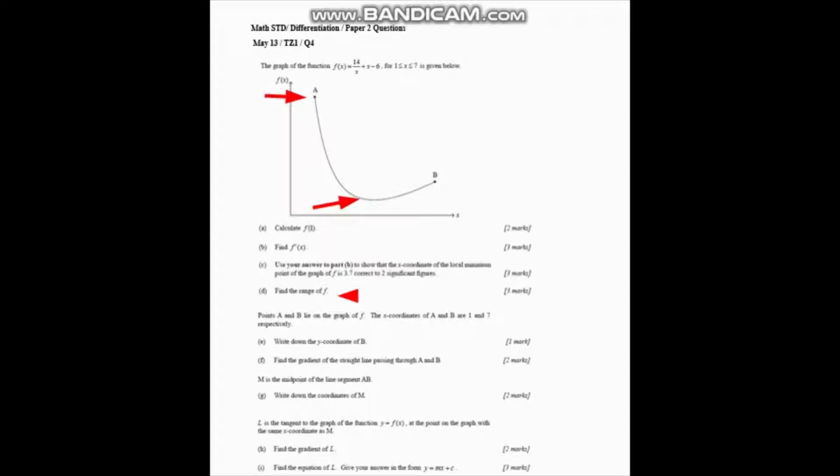So since this is the first point, this is the point where x equals 1. So I need to get the y value of the point where x equals 1. And this has already been obtained in A, f of 1. So the value of f of 1 is the maximum y value. And the y coordinate of the minimum point is the minimum y value.